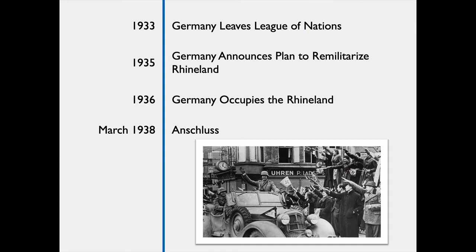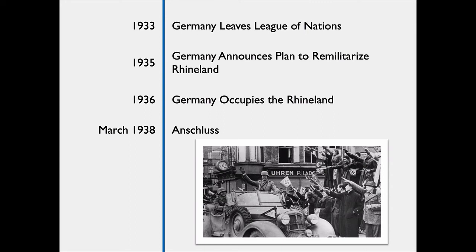This was a more aggressive action, but it was an action that was voted on and approved by the Austrian people. And so many in the world said, well, we can't tell Austria what to do. We can't tell Austria what to want. So it's not worth going to war over the Anschluss.